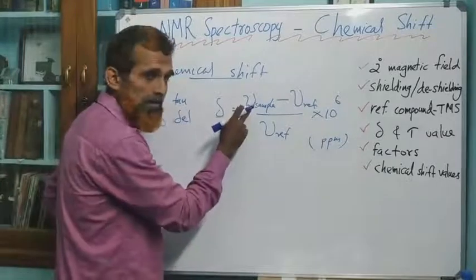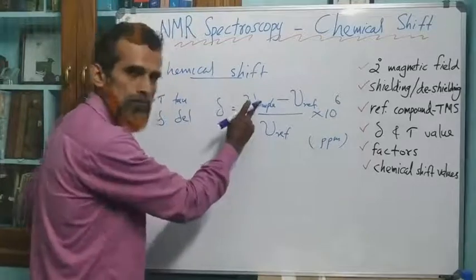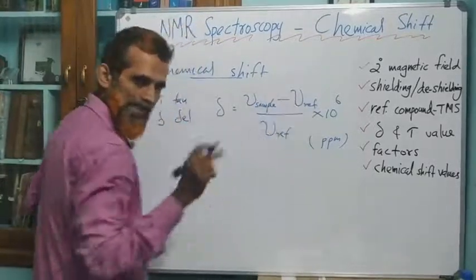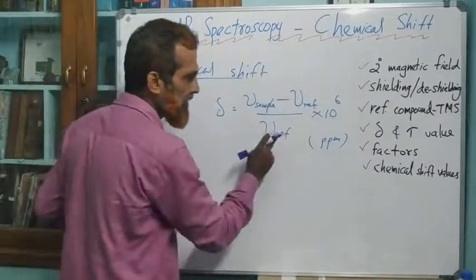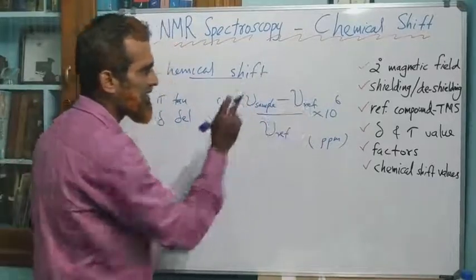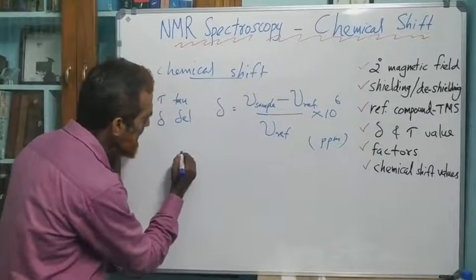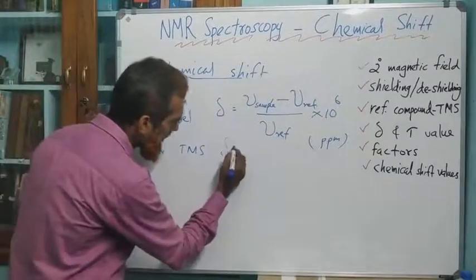So this is the frequency at which the given proton is absorbing, the frequency of absorption of TMS, and this is again the frequency of absorption of TMS. You get this chemical shift value. Now for TMS, what is the delta value?